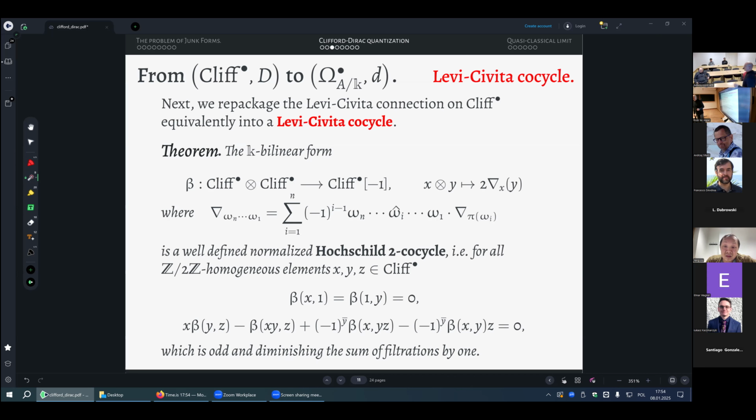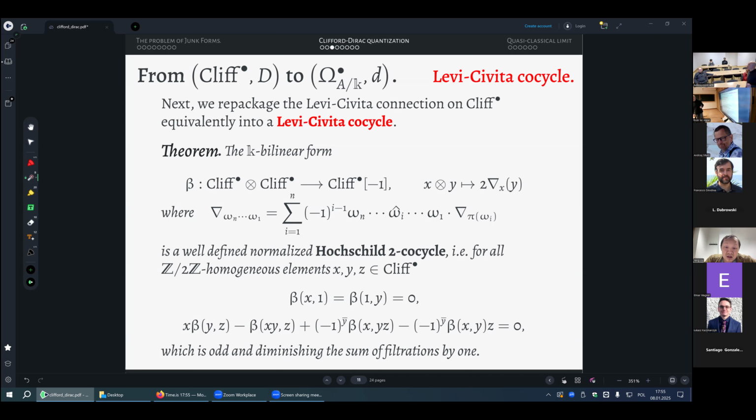It's in the package. Once you choose pi, you have all this package. Of course, there is also the spin structure, which is the second thing. But on the level of the Clifford algebra, you can ignore this spin structure, which is also a very pleasant thing. Spinors do not play a role here.